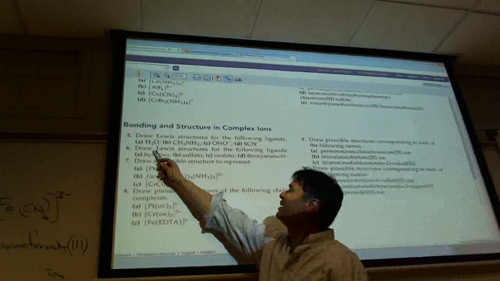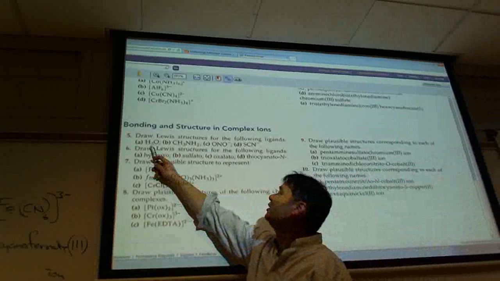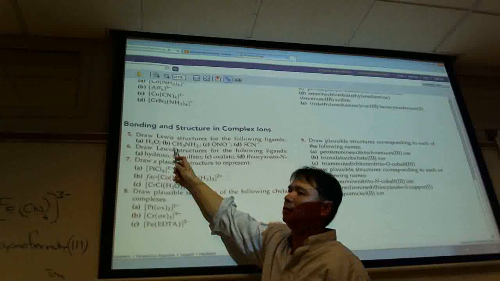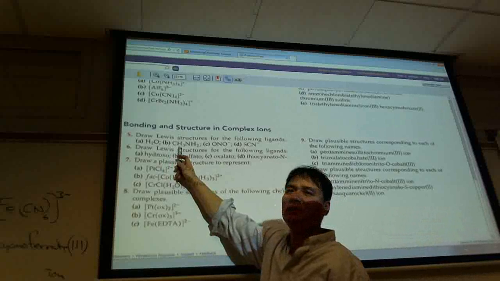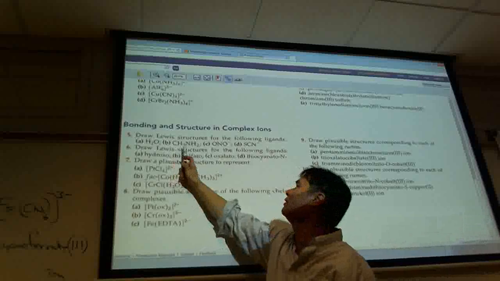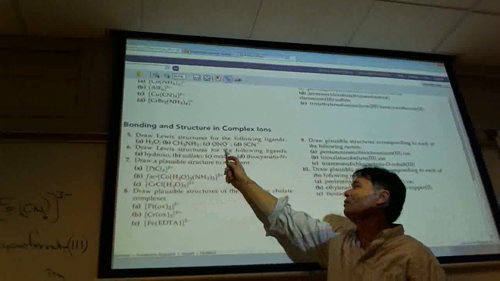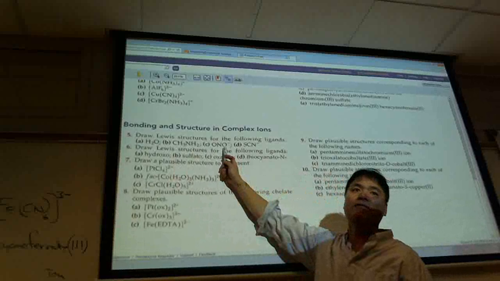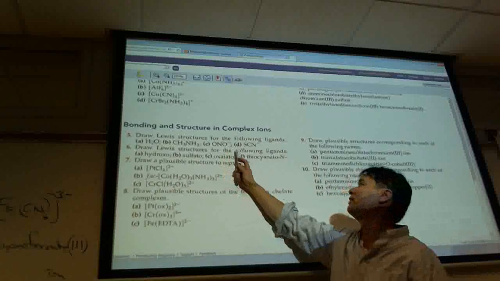How would you name this ligand? A. B. CH3 is called methyl, and this is what kind of organic compound? Amine, methylamine. ONO minus. Nitrito-O.